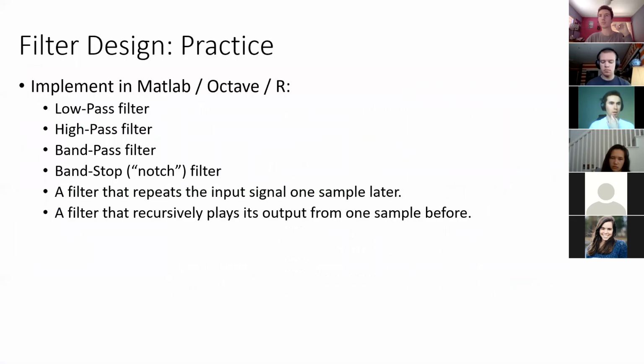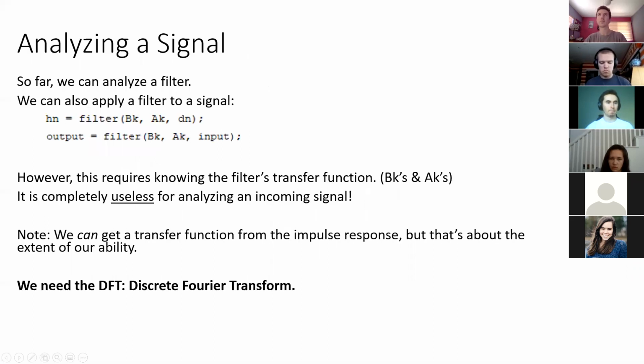So that is basic filter design. You can do quite a bit with just that knowledge, because we already have the filter command. If you have your A's and your B's, or however you're getting that transfer function, we have a way to apply it to a signal.